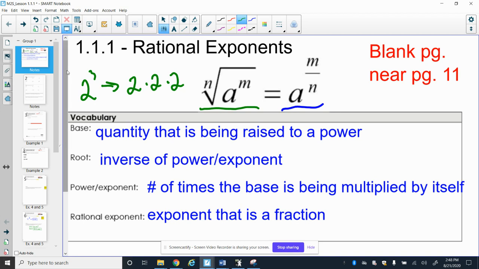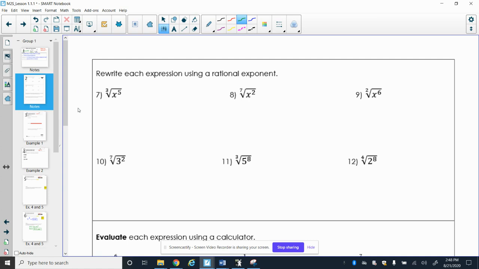So let's go through our couple skills for today. So first, rewriting. We're going from this radical form to a rational exponent. The way we want to think about this is our root is what's going to come and carry down to the bottom. So this 3 is going to come below the 5. We'd say x to the 5 over 3 power. It's really that simple. There's nothing else we can do there.